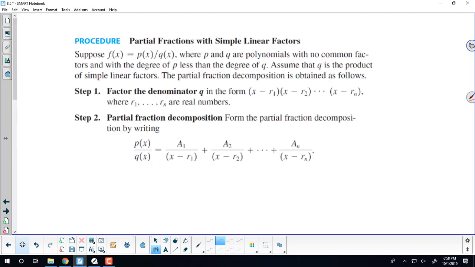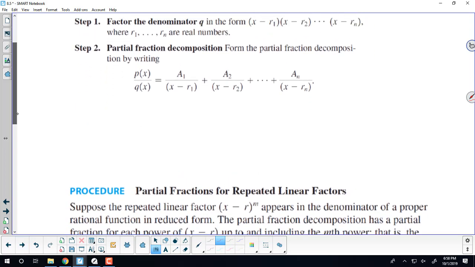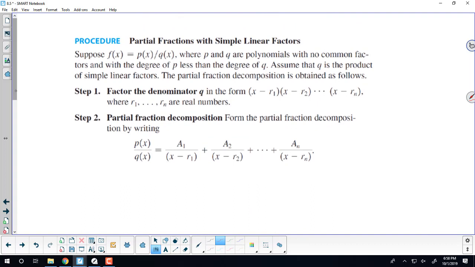Okay, so the method presented in your textbook, like I said, depends on which ones you're dealing with. This one here is the situation where we have x minus r1, x minus r2, so that's like x minus 1, x plus 2. These are all simple linear factors.